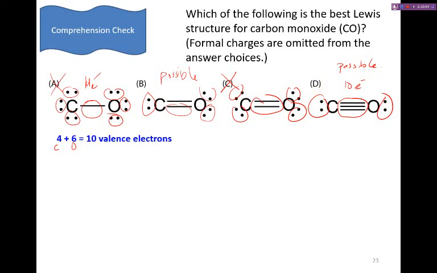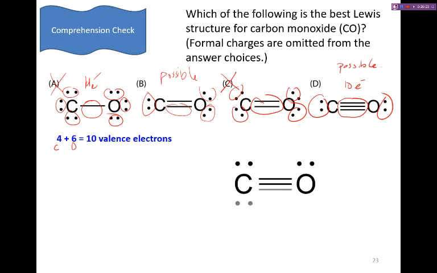What you want to do at this point then is determine the formal charge. Draw the Lewis structure, single bond in the middle. We get to this point. We can see that we're not satisfied here.